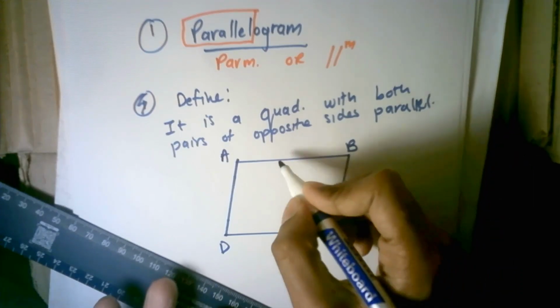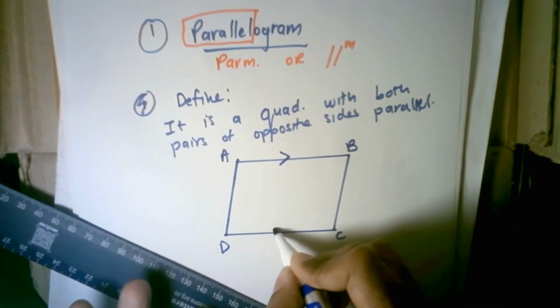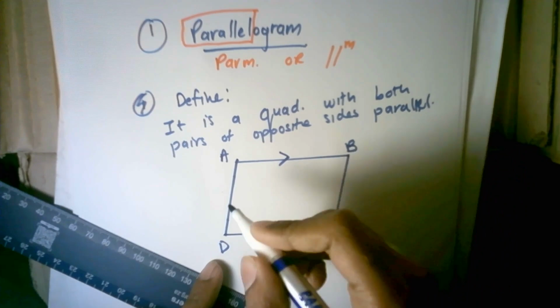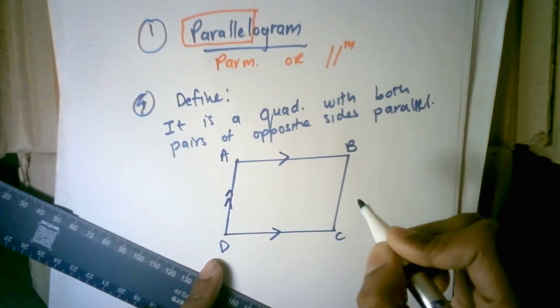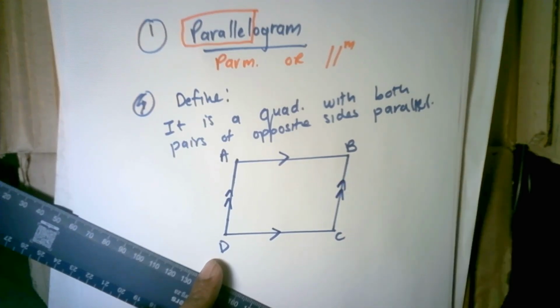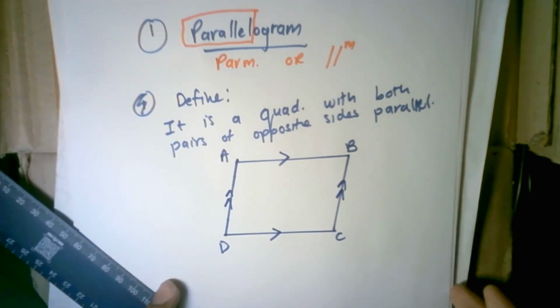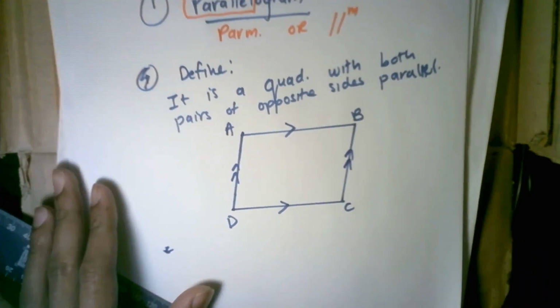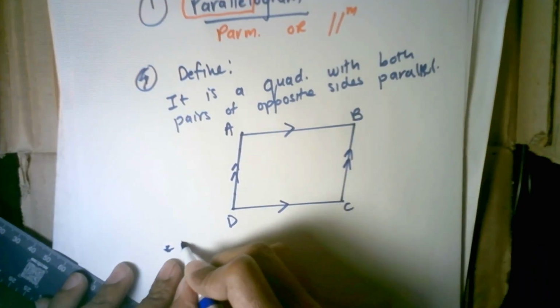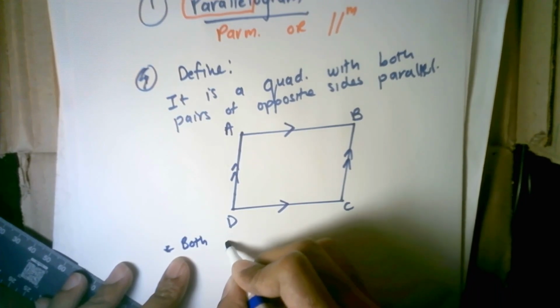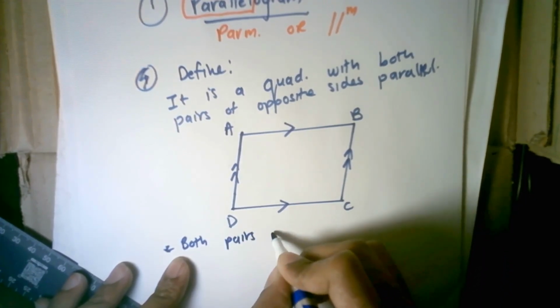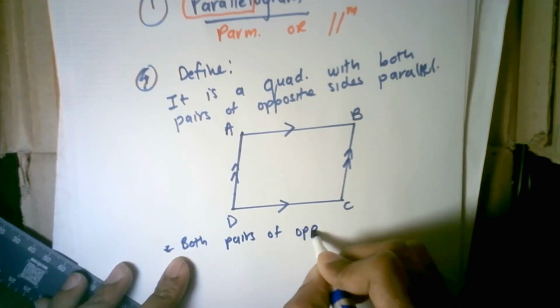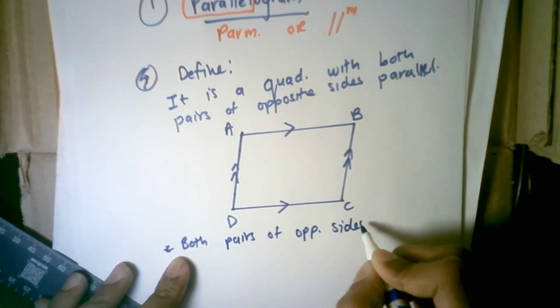So AB is parallel to side CD and AD is parallel to side BC. Right, so the first property that we know, I'm just going to list the properties at the bottom here: both pairs of opposite sides parallel.